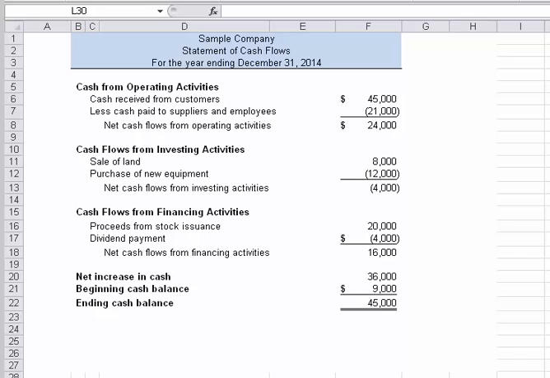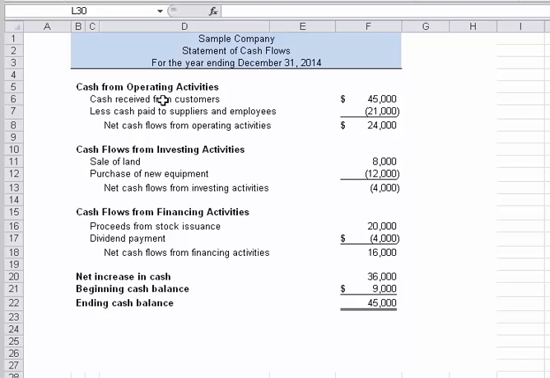The last statement that we prepare is the statement of cash flows. Now, once again, this shows the range of transactions over time. And the statement of cash flow doesn't follow accrual accounting principles. Instead, it shows cash that went in and came out of the business. And we break it down into three areas.